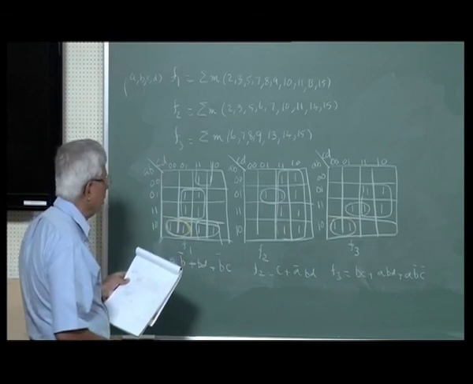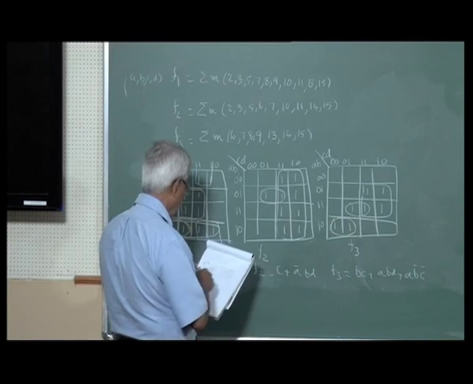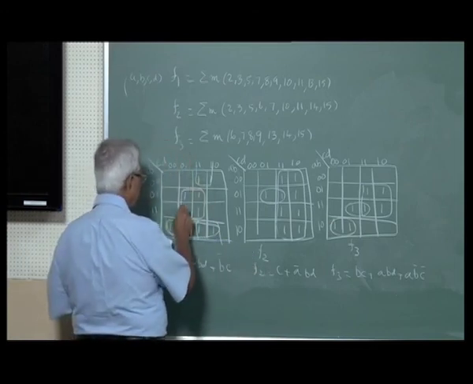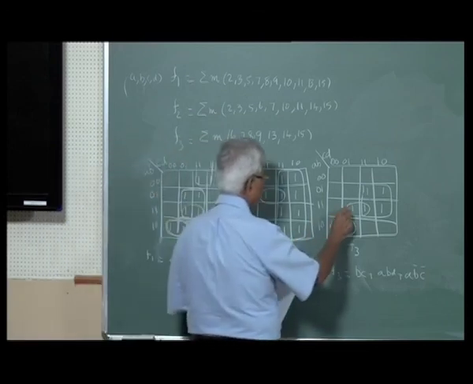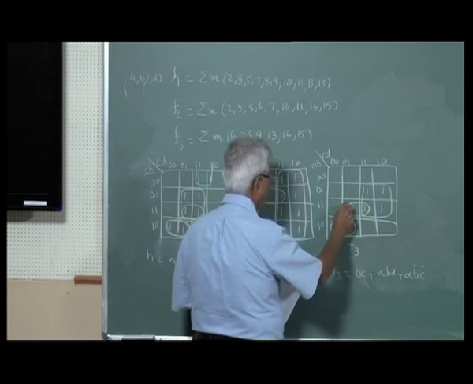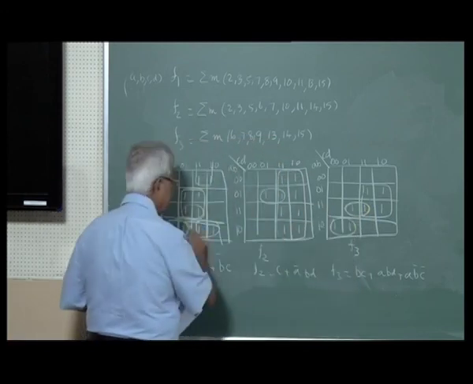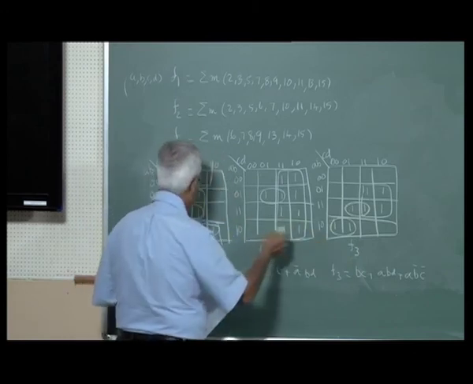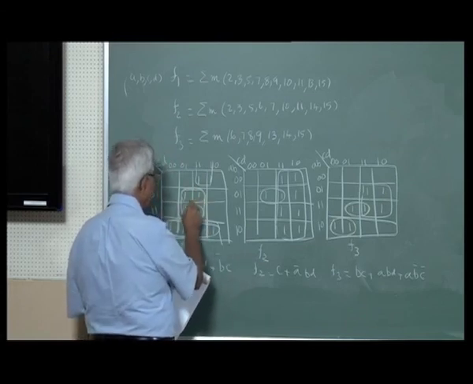Likewise, these 2 I can have as common to this, these 2. So, this and this are common, this and this are common. So, if I use this here, I do not have to use it again here, and this and this.